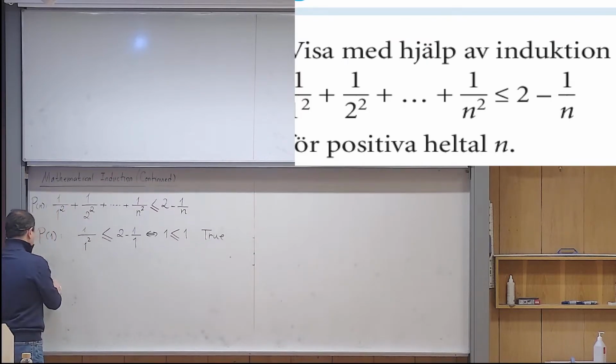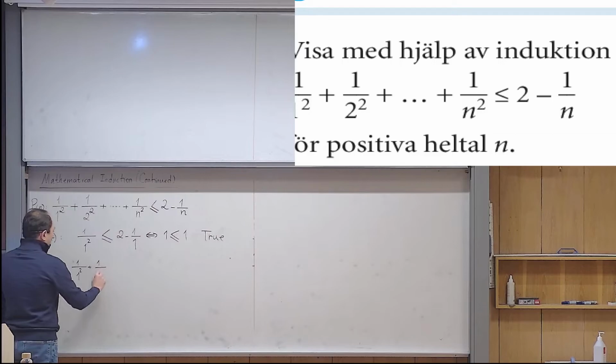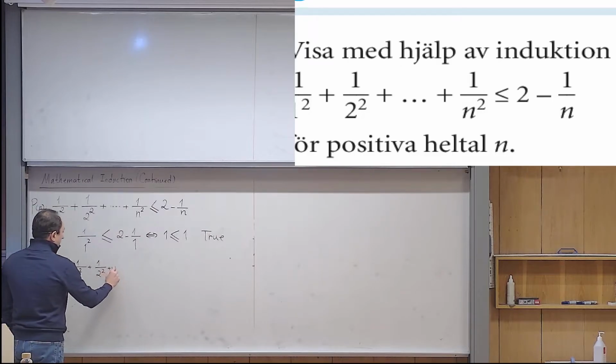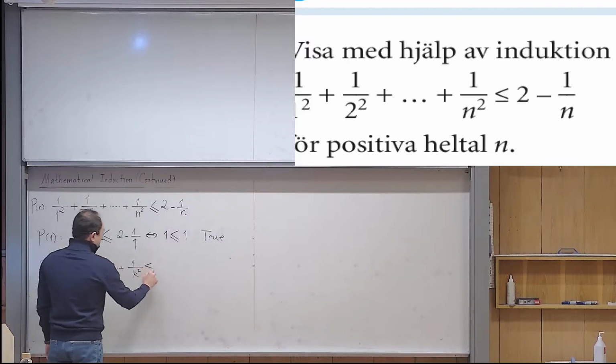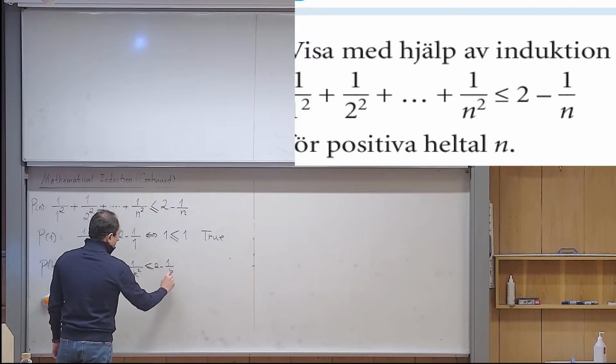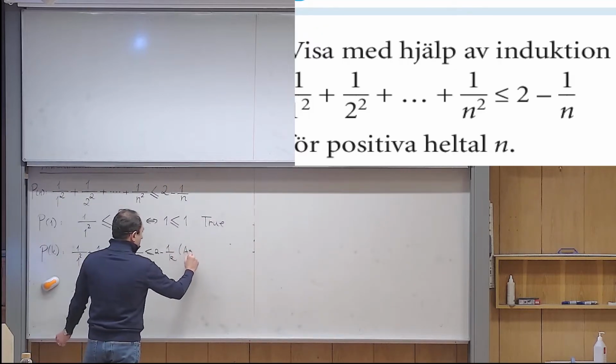So then I would assume that P of k is also true. So this means that I change n to k. Then this is assumed to be true.